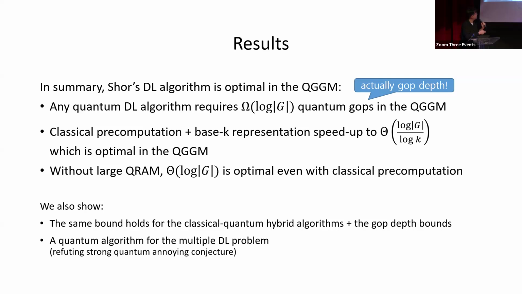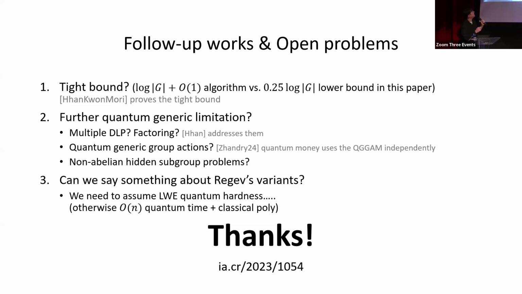We also cover that, and we also give a multiple discrete logarithm quantum algorithm, with the strong quantum Ore-Merlin conjecture appearing from a fake context. And that's it.